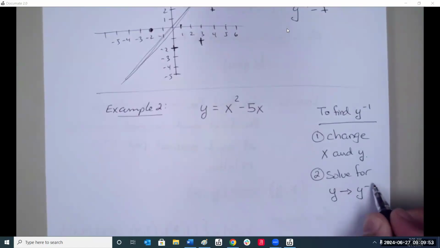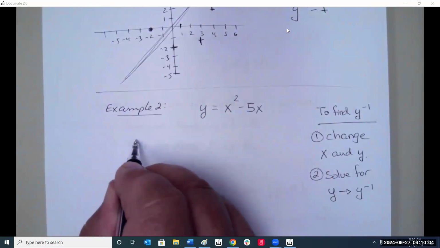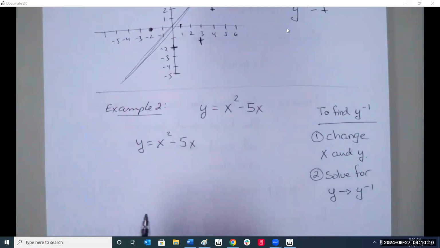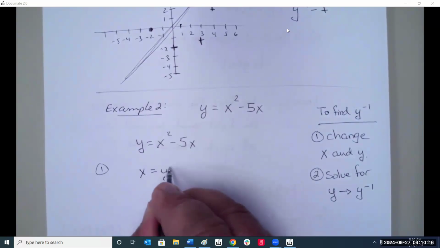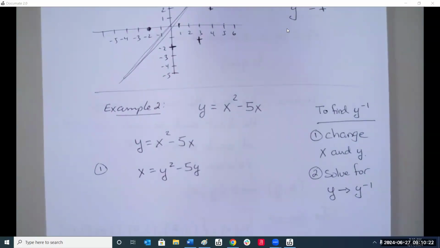That will be your inverse. So the first thing we do with our equation is switch x and y. This is step 1. Just change x and y, because we're finding the equation of the inverse, not the graph of it. That's how we would graph it: we'd graph the first function and then just switch all the points.